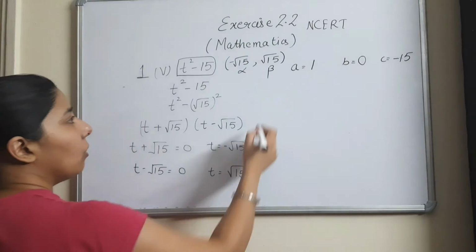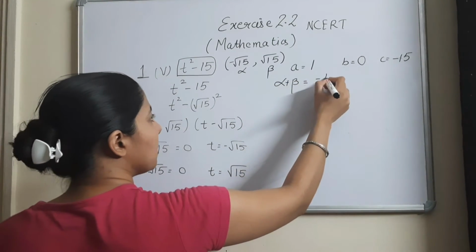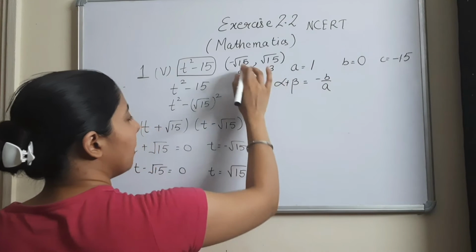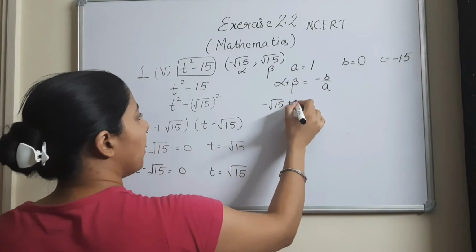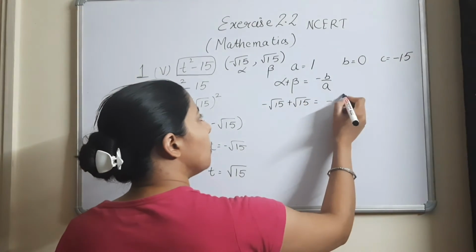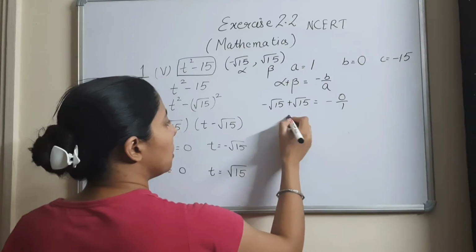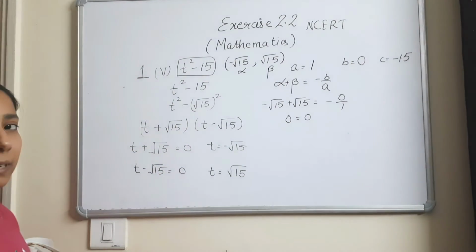Fine. So write down alpha plus beta is equal to minus b upon a. Alpha is minus root 15, beta is plus root 15, is equal to, what is b? It is 0. What is a? That is 1. So 0 is equal to 0. It is verified here.